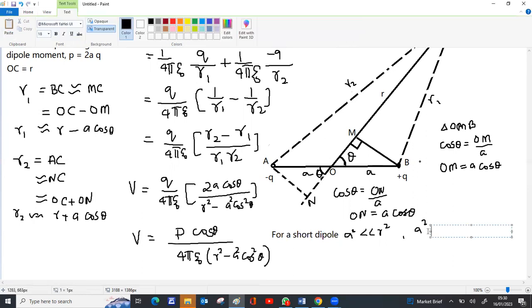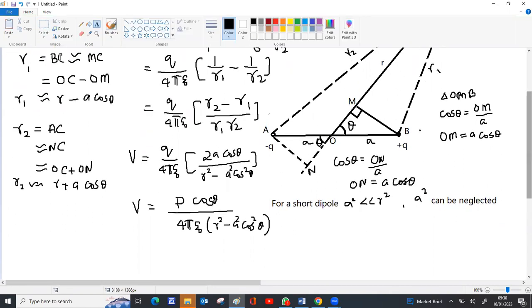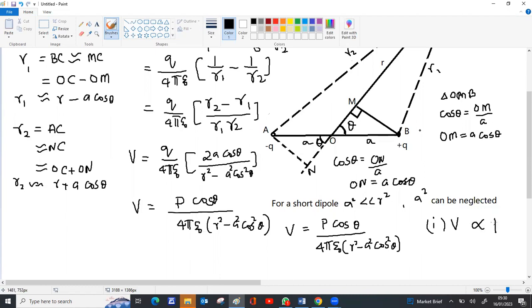The contribution of a square will be very, very small, fractional values that can be neglected. The expression for potential will come as V equals p cos theta by 4 pi epsilon 0 r square. In this, it's very clear the electric potential is directly proportional to dipole moment.